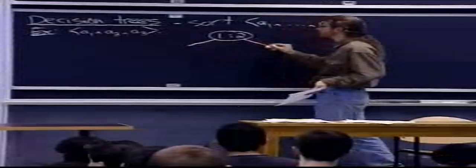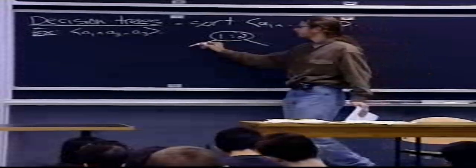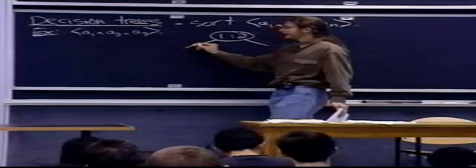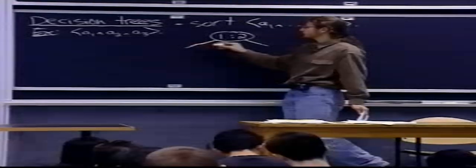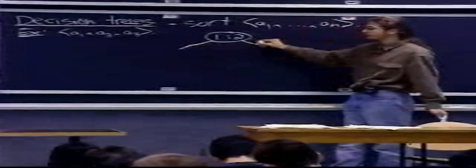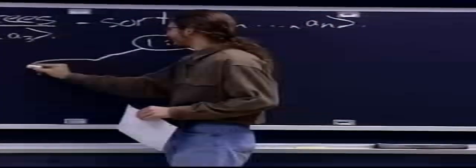That's like branching in a tree. So this branch is representing that A1 is less than or equal to A2. And this branch is representing that A1 is greater than or equal to A2. Two wrongs make a right. Good.